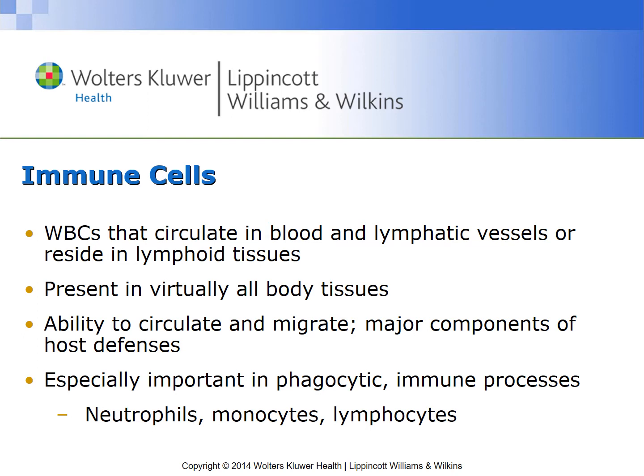But also, they have the ability to circulate and migrate, and it just amazes me that it has the memory of previous antigens and that kind of thing. And especially important in the phagocytic immune process are our neutrophils, monocytes, and lymphocytes.